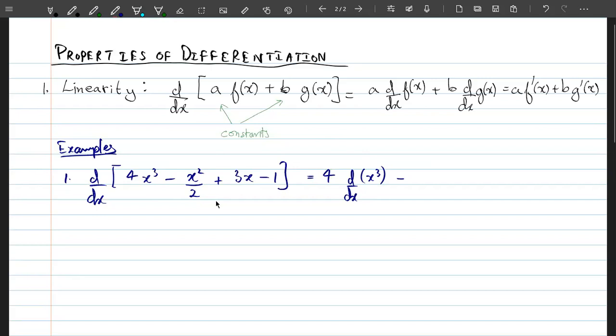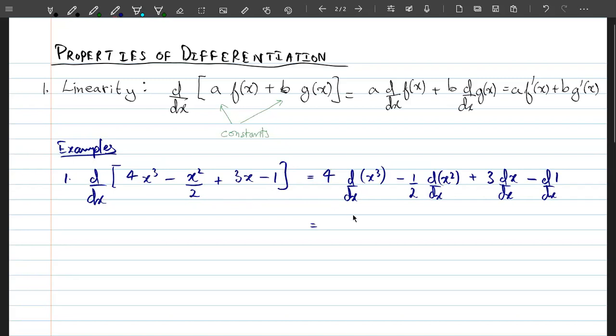So minus 1 by 2 times d dx of x square plus 3 times d dx of x, that is dx by dx, well, minus d dx of 1. Here the constant is minus 1. We have a minus, right? So that way. Now d dx of x cube is 3x square.